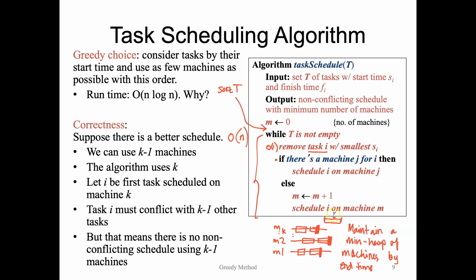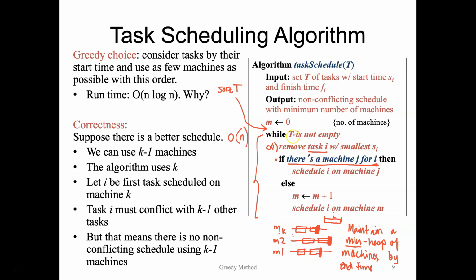So when we're checking to see if there is a machine for this task i, rather than checking all of them, we're just going to check the machine that has the minimum end time, which we know will be the root of our heap.